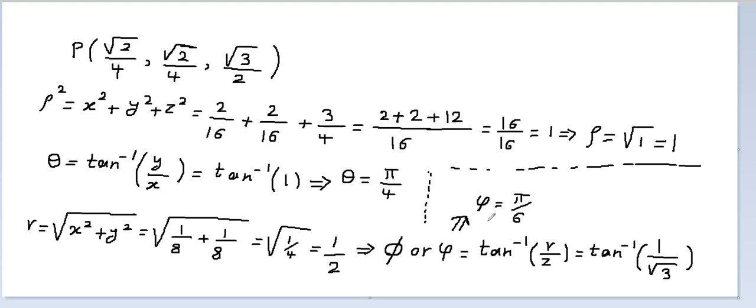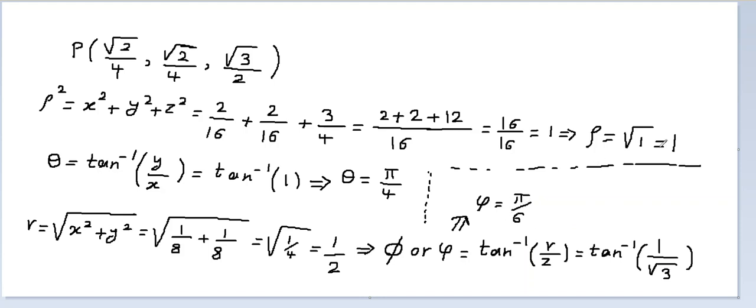Do you remember I mentioned when phi is between 0 and pi over 2, z is positive, and when phi is between pi over 2 and pi, z is negative. So the angle we are looking for is pi over 6, because the tangent of pi over 6 is 1 over the root of 3. So here is pi over 6.